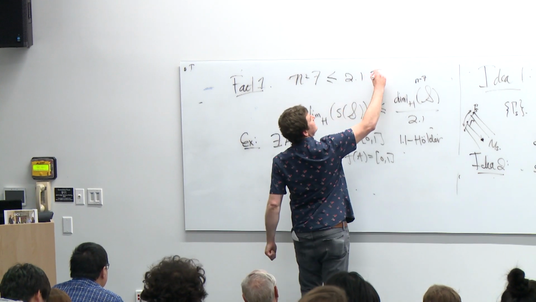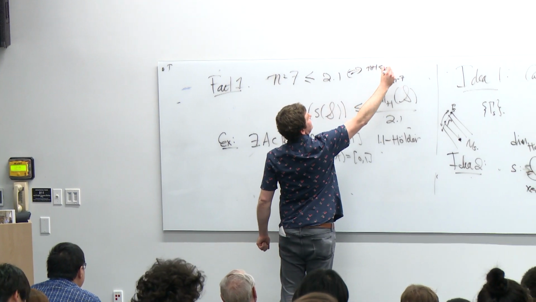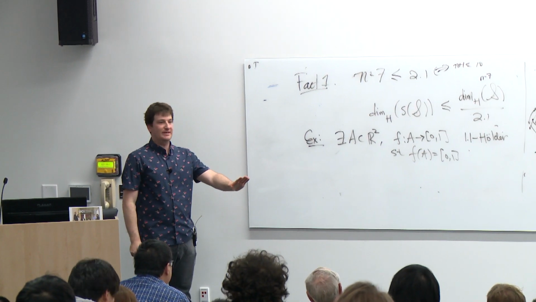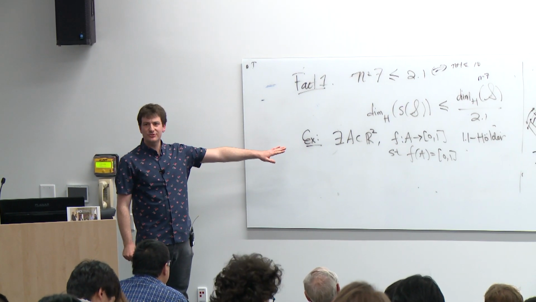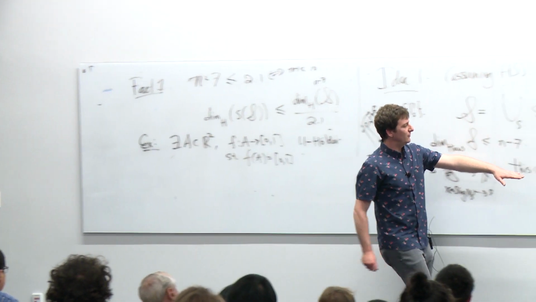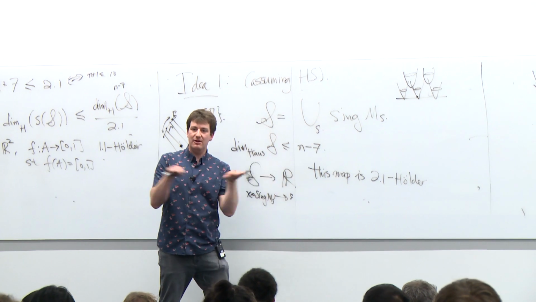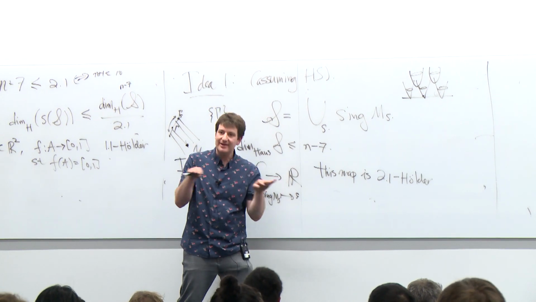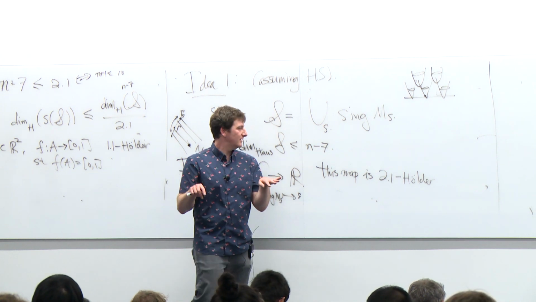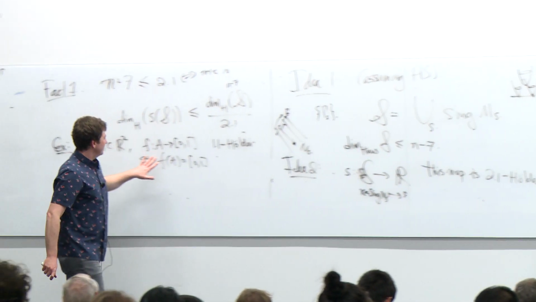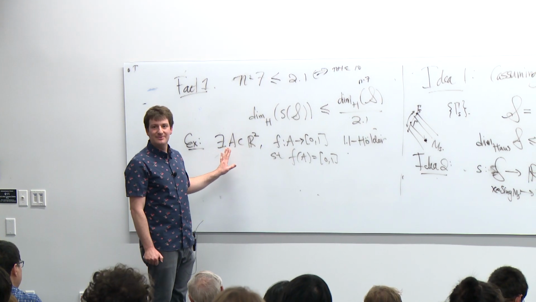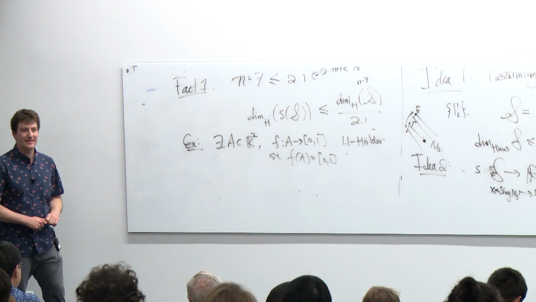This is equivalent to n plus 1 less than or equal to 10, right? This sort of restriction is going to break down in this method. So I used to have this dream that, well, if you have this 2-Hölder map, it should be constant on very large pieces of the singular set, like things which are like a manifold, right? A 2-Hölder map on a manifold is constant. But if the singular set were very fractal-like, then actually you can construct such a map. So if somebody wants to know, I can tell them how to construct this map.